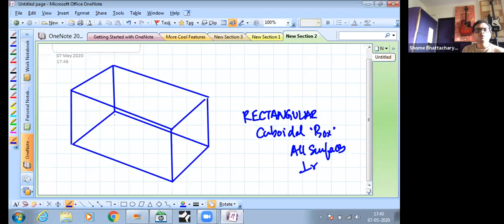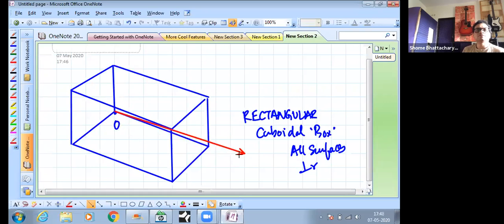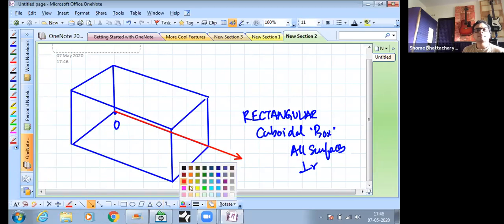Now you can take any corner point of it, like this corner point, as the origin, and you can take three of the mutually perpendicular edges as your axes. So if you define this as your x-axis, then correspondingly you define, let's say, this axis as your y-axis.